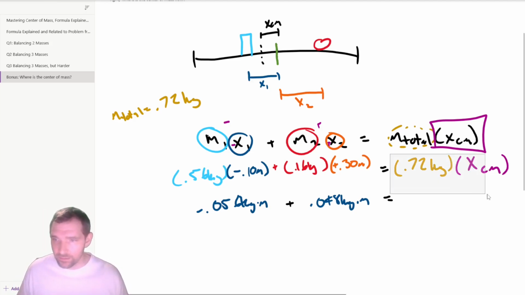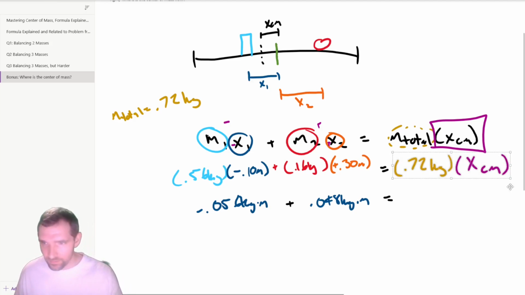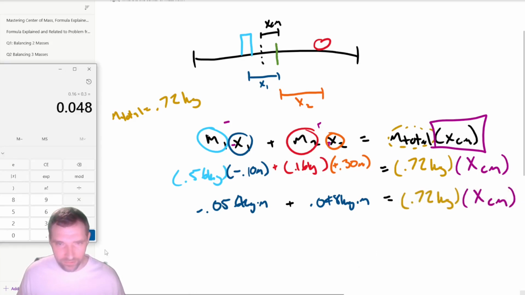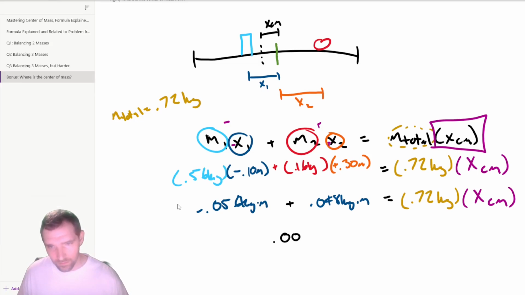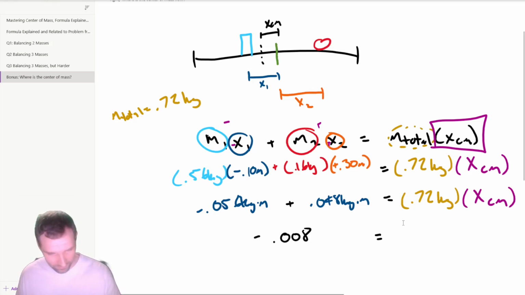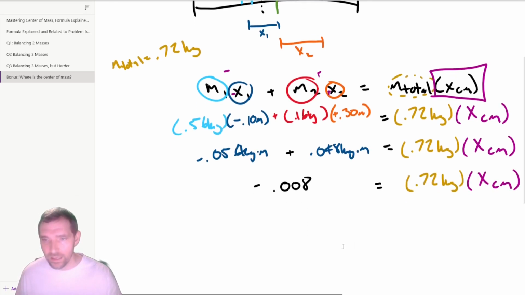And then we can combine those two terms, and we should be able to get this pretty soon. We've got that it's 0.056. I'm getting a negative number right here, but that's okay because the center of mass was most likely going to the left, which matches what we stated there.